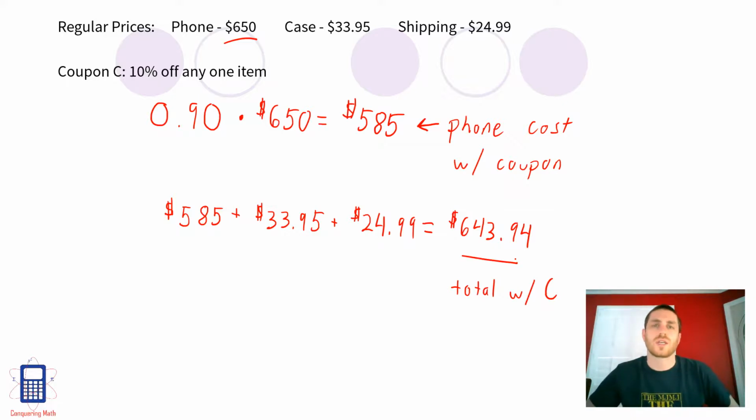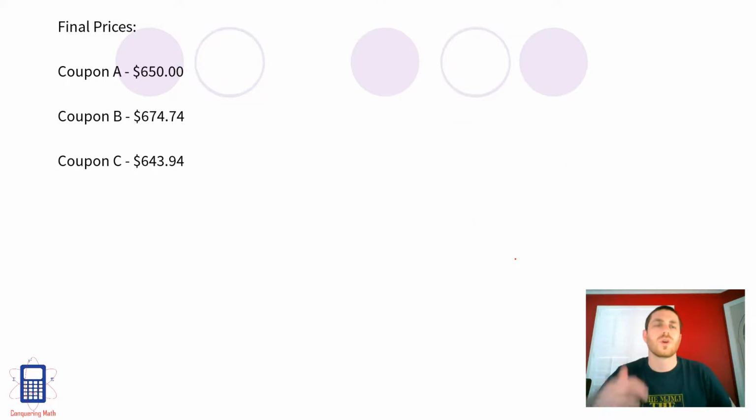So now let's take a look at the three total costs side by side. If he used coupon A, his final price is $650. So he did save a good amount of money there. Coupon B is $674.74, so not as much savings. And with coupon C, he is paying $643.94.